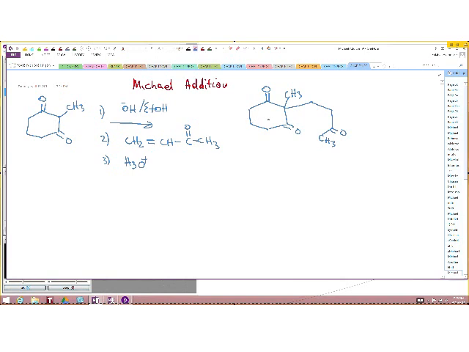We form this. Now supposing I take this molecule here, and I want to do an Aldol condensation. What happens? I pick up the proton from here, I form an enolate, right? That enolate will attack this carbonyl here. You form an aldol.